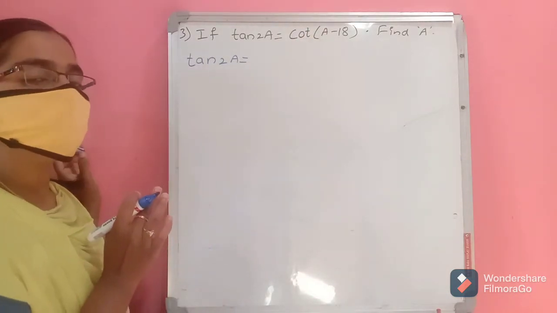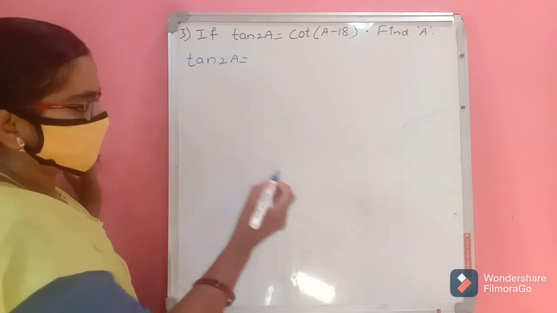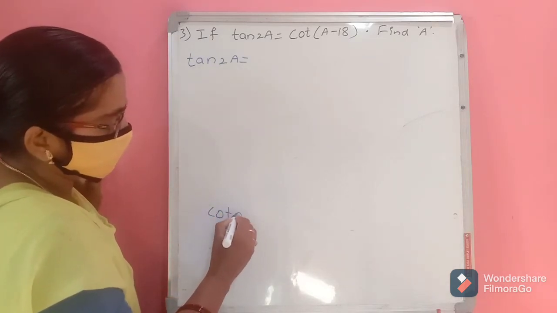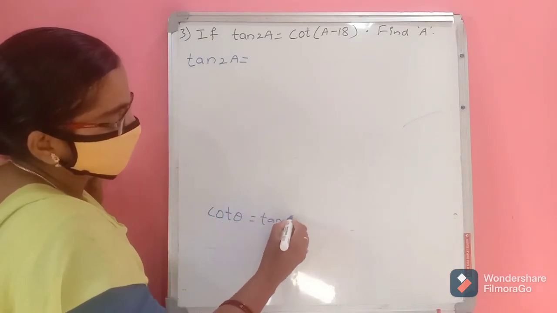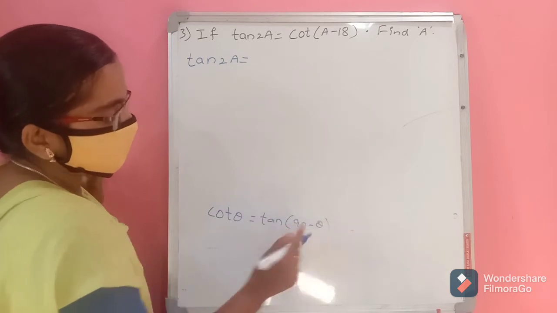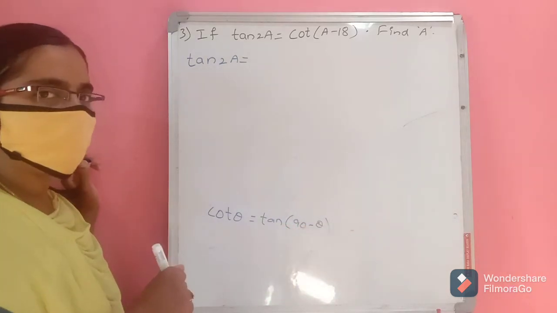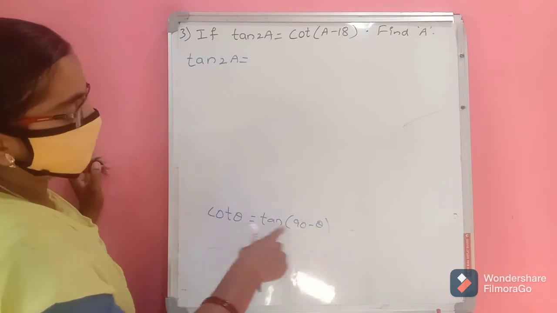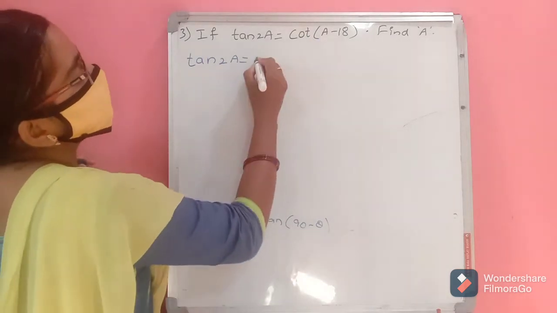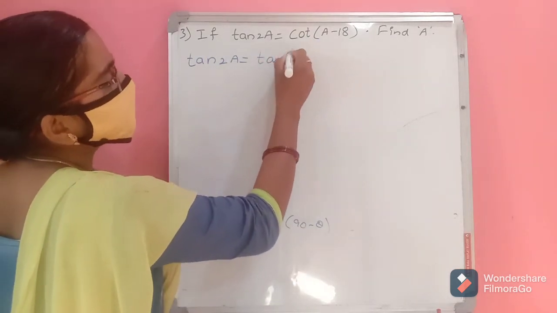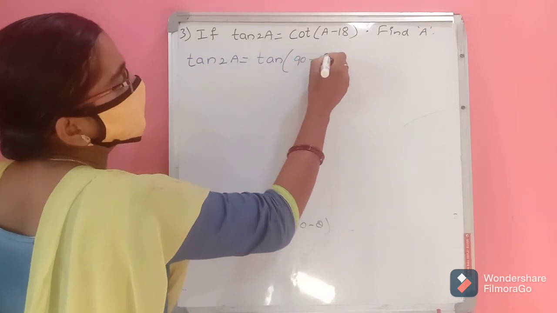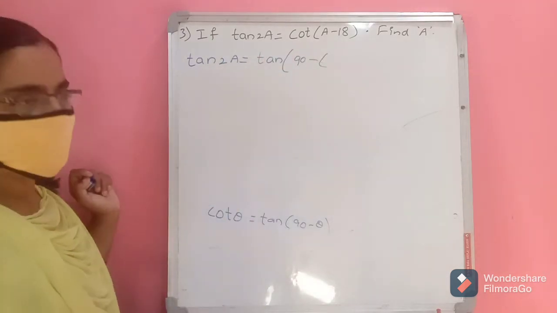Cot theta means we can write as tan 90 minus theta. Cot theta is equal to tan 90 minus theta. Tan 90 minus theta is equal to cot theta. So this cot I am writing as tan 90 minus theta. Here angle is a minus 18.